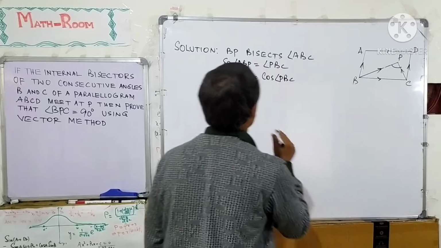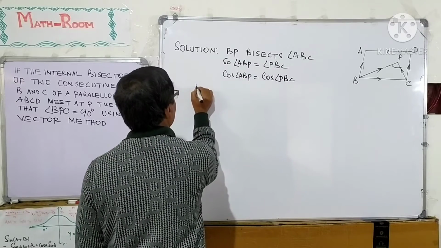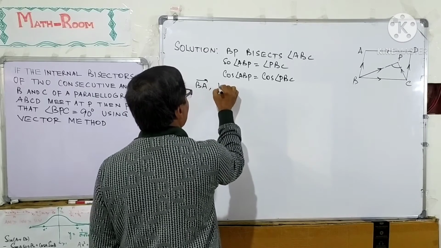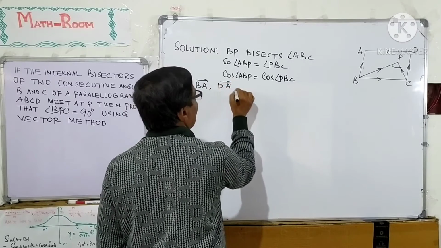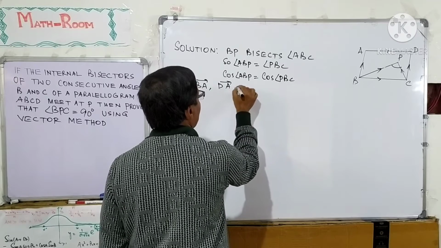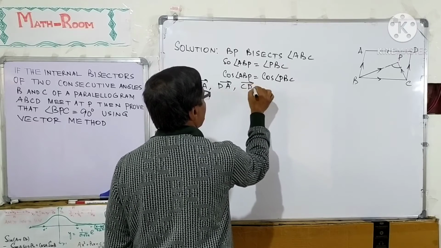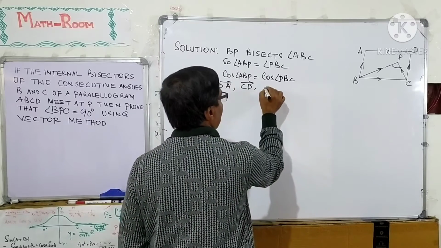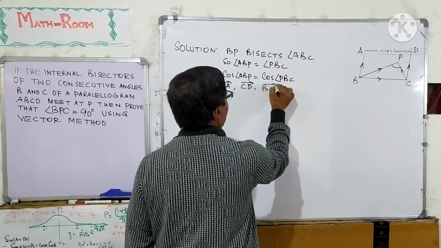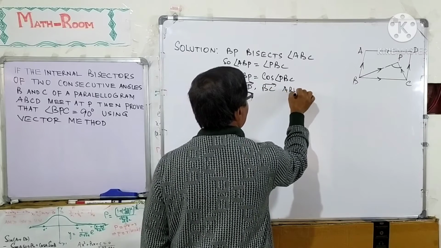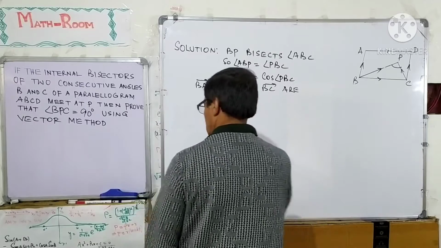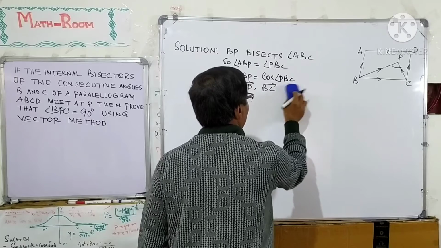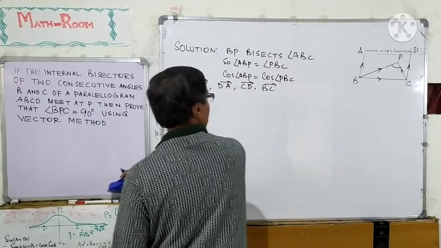These 4 vectors are BA, DA, CD and BC. Also, the bisectors can be considered as vectors.